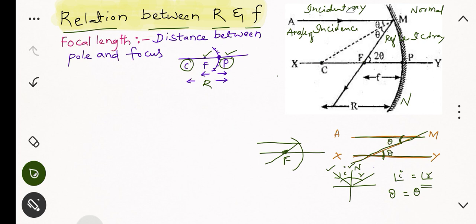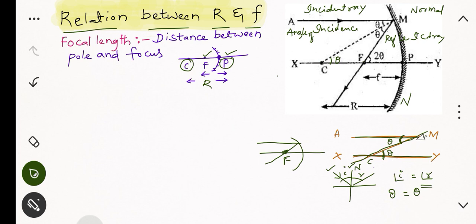Here AM and XY are the two parallel rays, and MC is a line cutting these two parallel lines. Then the interior opposite angles must be equal.